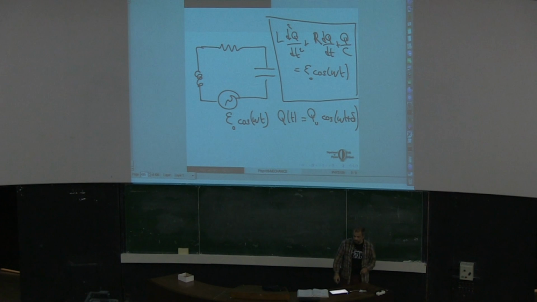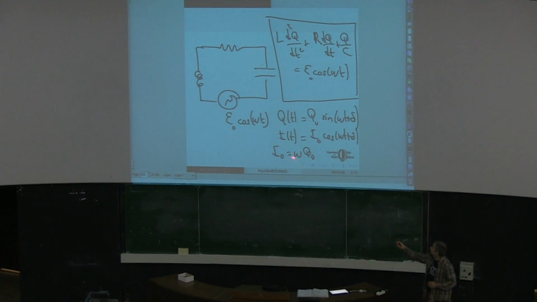This is how Q will change. I of t will be, let's say, I0 sine, or cosine, of omega t plus delta. And we already know that I0 is nothing but omega Q0.